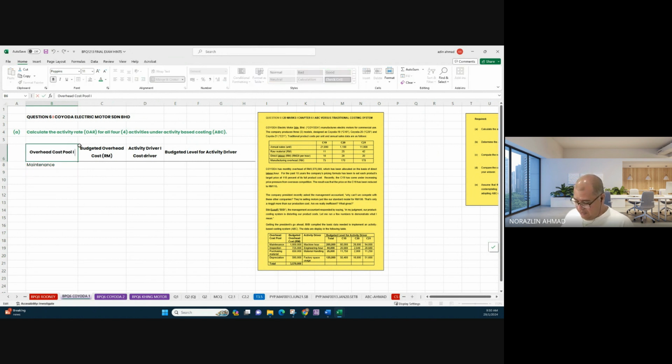Or this one we can call a department, or activity of the company. So it is either cost pool, or department, or activities. This one activity driver or cost driver. This one total budgeted cost.